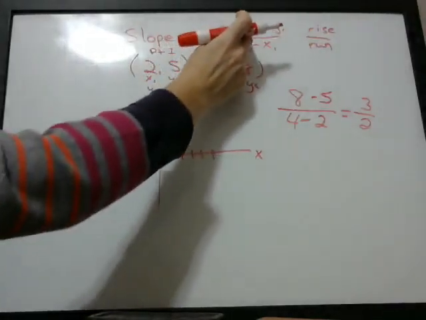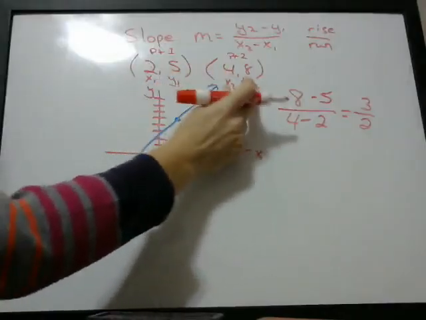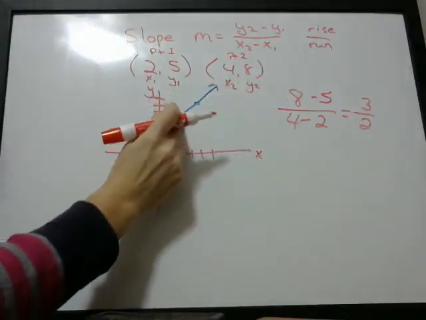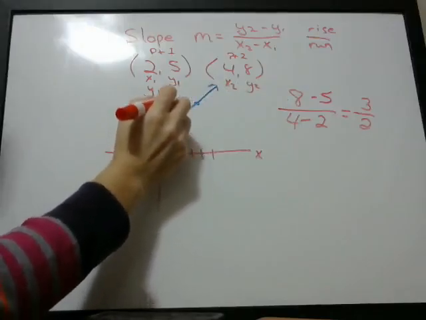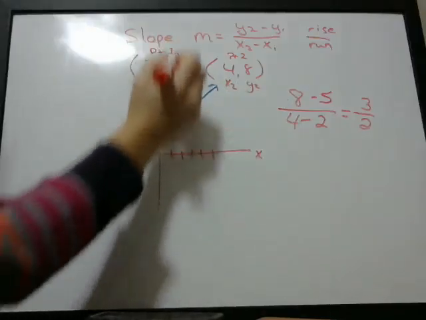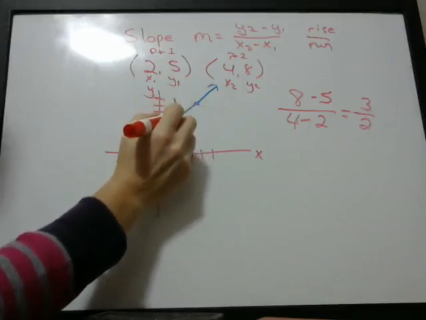Now, this is referred to as rise over run, because look at what's happening. In the formula, we're subtracting the 2 y's from each other, the y components. So starting here, we're first finding the difference in the rise. How far up are we going? Because we're taking this y component minus that y component.